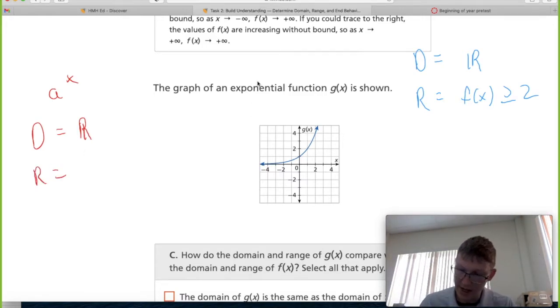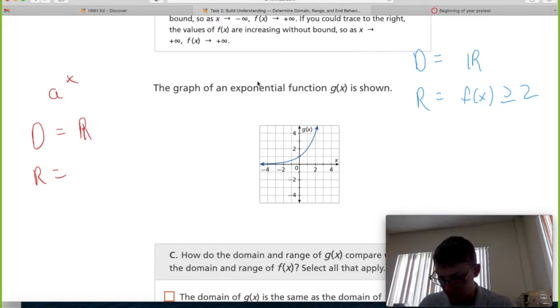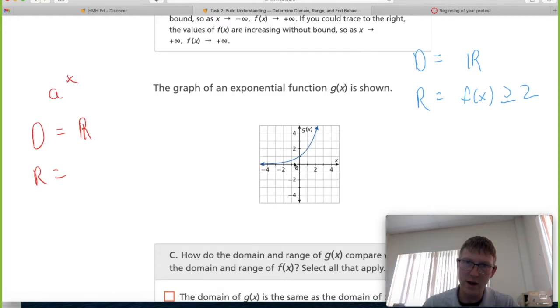So our range, however, is going to be slightly different. So this one right here, this is where you just kind of have to get used to it a little bit. This probably asymptotes at y equals 0. So it probably never hits 0. And I know that because I know how these functions work. And if you think about it, you can even throw this in your calculator.